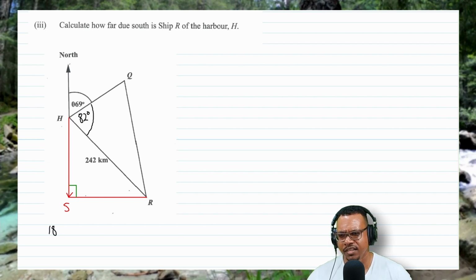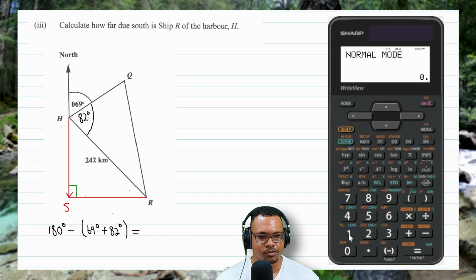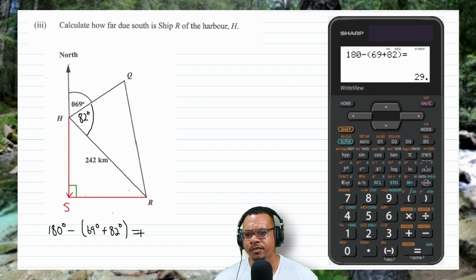So 180 degrees take away 69 plus 82 is equal to, we have 180 take away, open brackets, 69 plus 82, close brackets, and we get 29. So this angle here is 29 degrees.